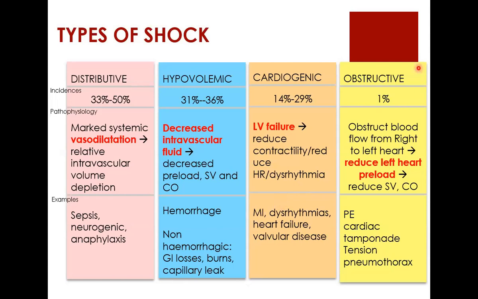Last but not least is obstructive shock, which constitutes about 1%. It's caused by obstruction of blood flow from the right heart to the left heart, which reduces your preload and subsequently reduces your stroke volume and cardiac output. This is seen in pulmonary embolism, cardiac tamponade, or tension pneumothorax.